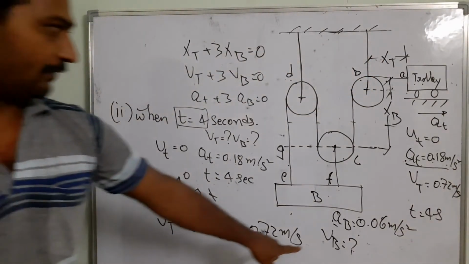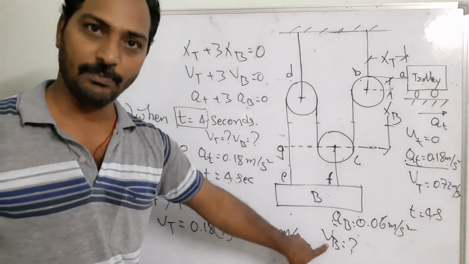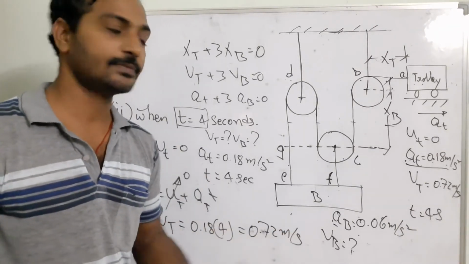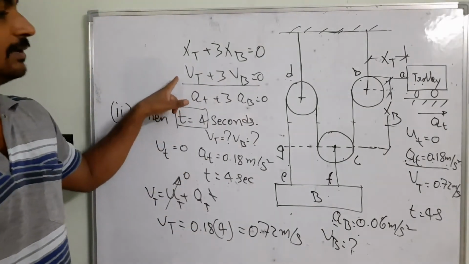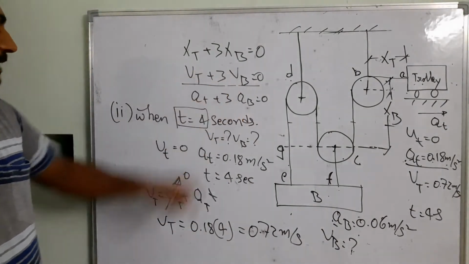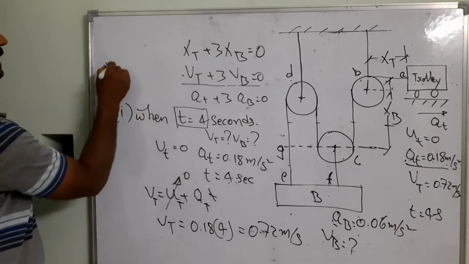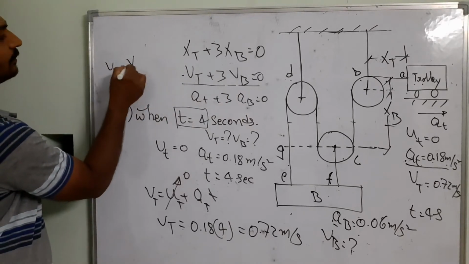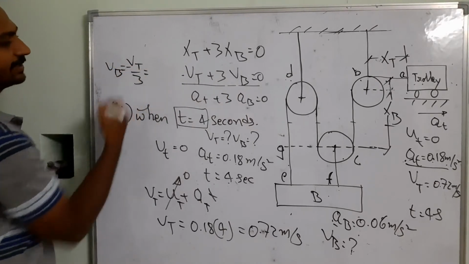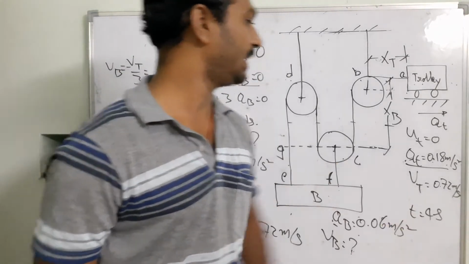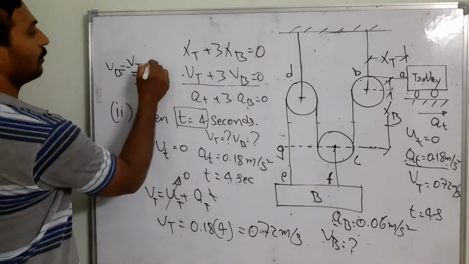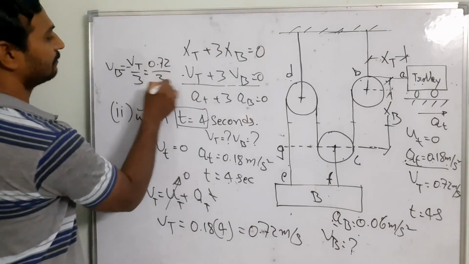Now we need to find out the v_b. If you want to find out the v_b, what is the equation we need to use? Can you see? By using this equation, I can find out the v_b. So from this equation, v_b = -v_t/3. Already we know v_t = 0.72 meters per second, so 0.72 meters per second divided by 3.